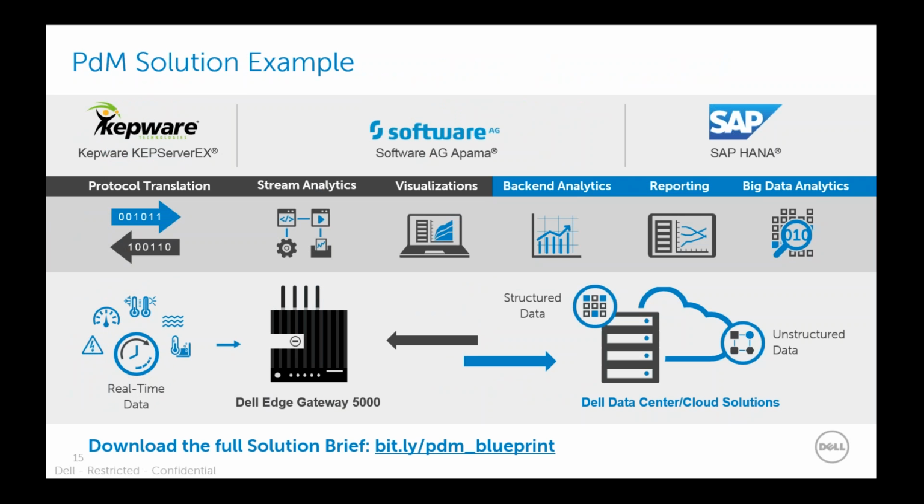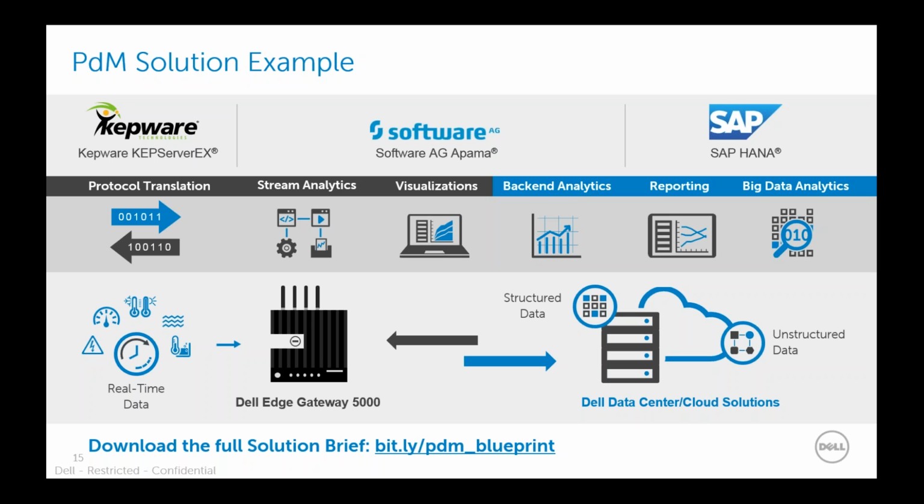So with our partners, we have brought together a great end-to-end solution. We work with our partners, as you know, Kepware, as well as Software AG and SAP. If we start at the left-hand side, we can see that what we're working with Kepware on is their Kepware Server EX. We're doing protocol translation in real time. Then we're streaming the analytics into another software platform that allows for visualization or dashboards, those types of things, through the Edge Gateway 5000.